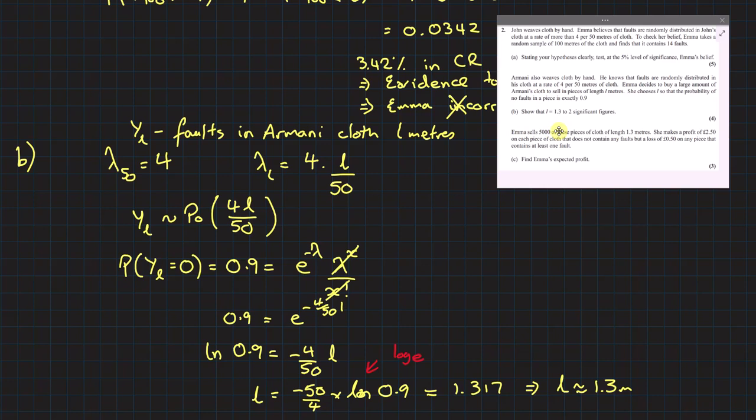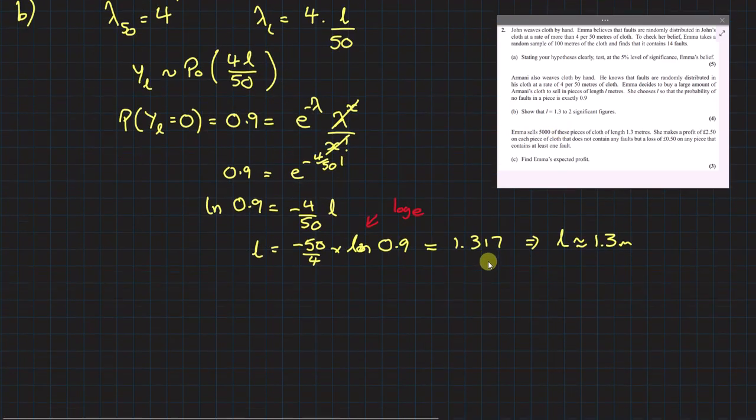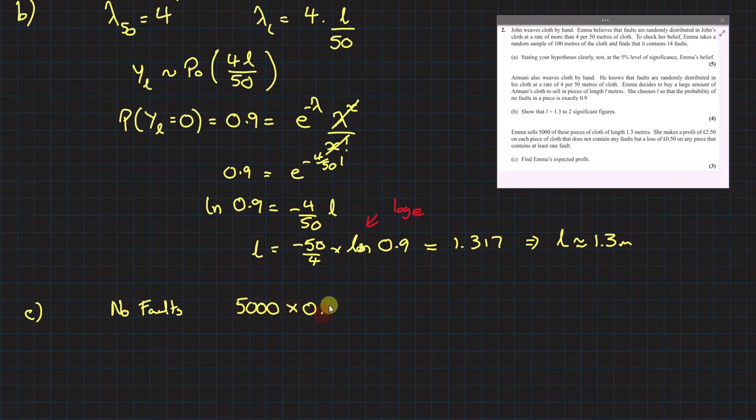If she's selling 5,000, she's chosen the value so that the pieces of cloth with no faults number 5,000 times 0.9. That's what the probability actually means: if you have a big sample, what proportion are you expecting to have no faults? And that's 4,500.